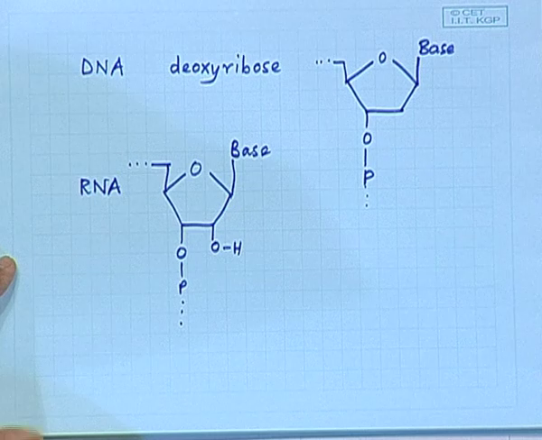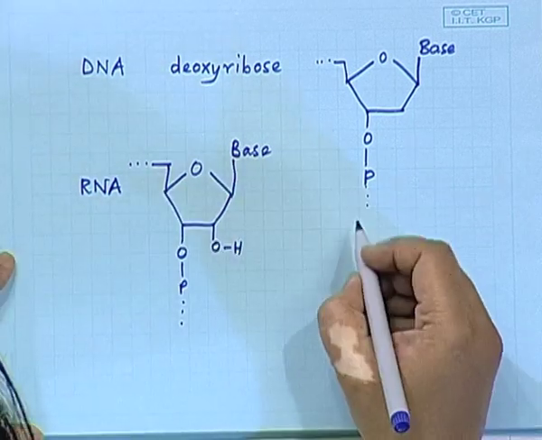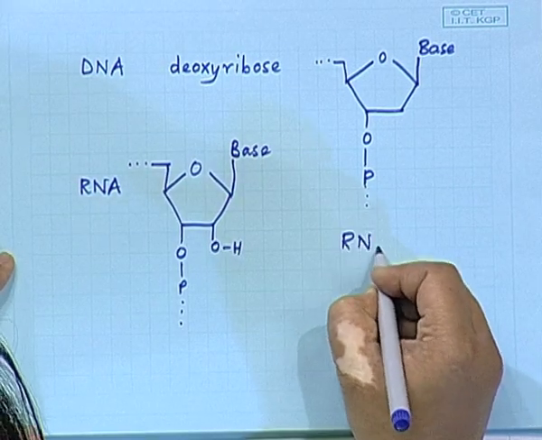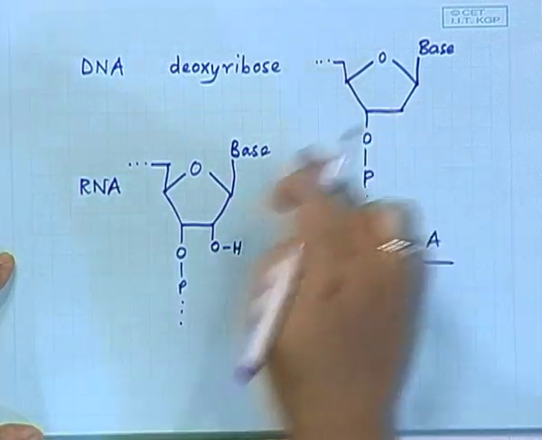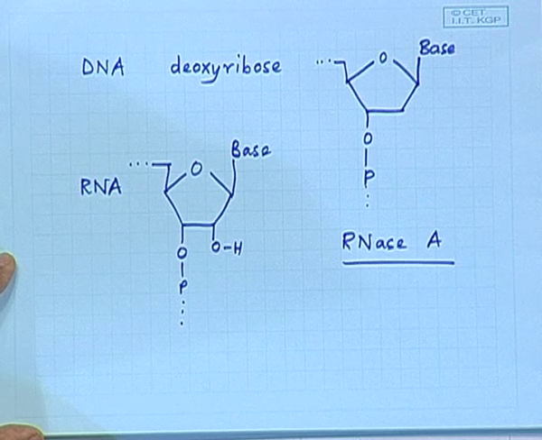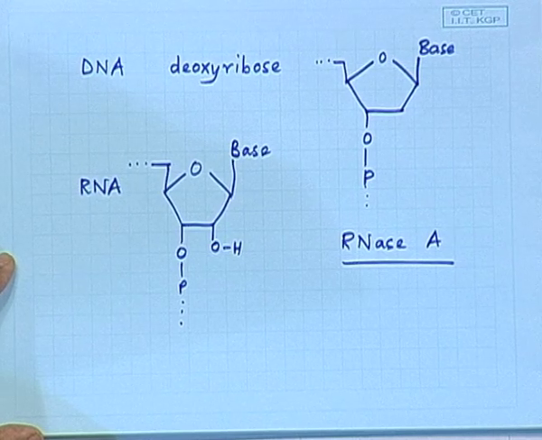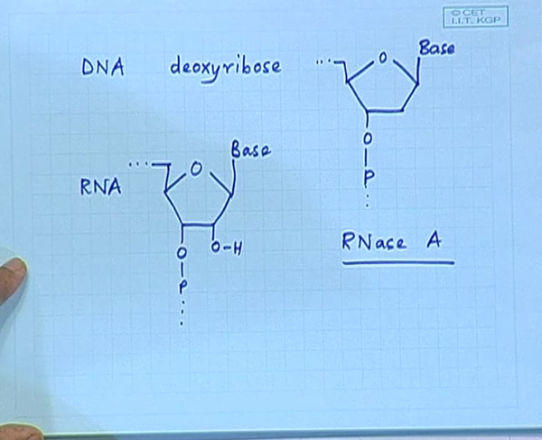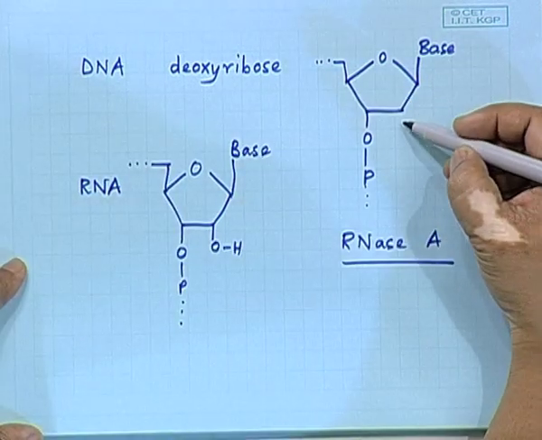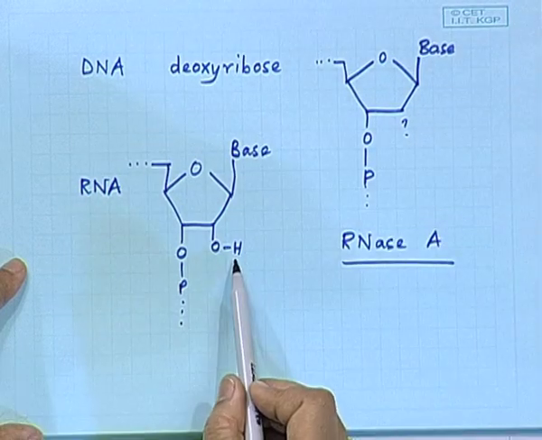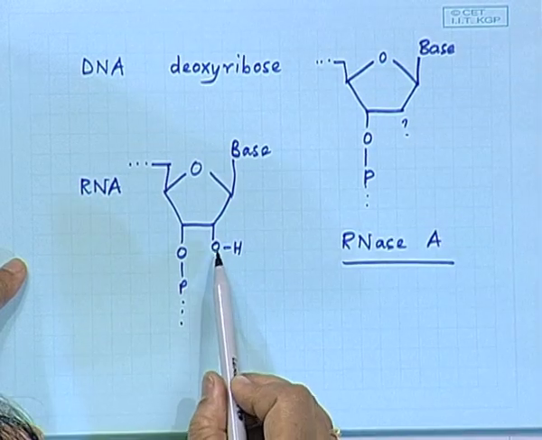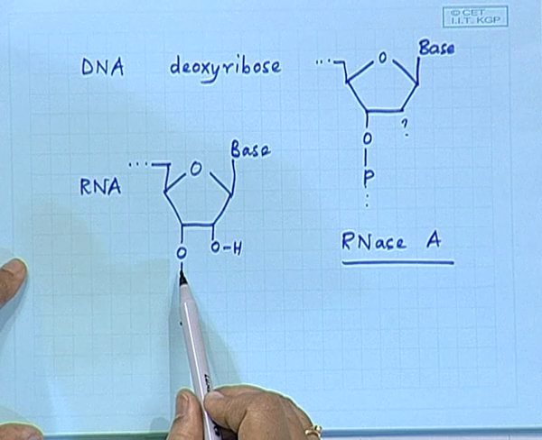Now, therefore, if I have ribonuclease A, which is written in short form like this, RNase A, act on these two, it will not be able to cleave DNA. Why? Because there is nothing here, right? It cannot abstract the proton here, it cannot form a cyclization step or anything here.